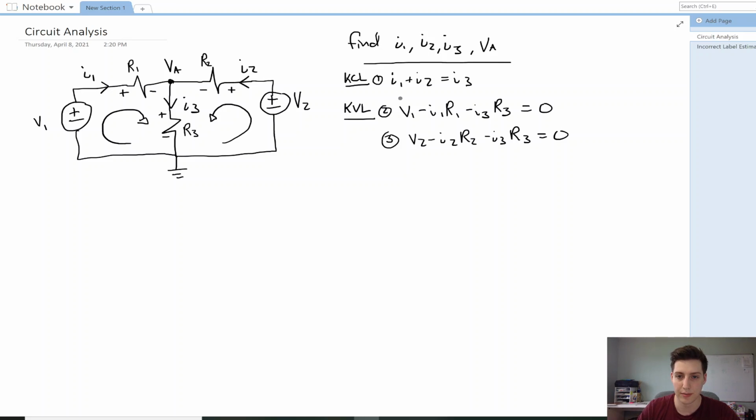So what we can do, we can plug in the first equation into the second and third. So our second equation will be written as this. And our third equation will be written as this.